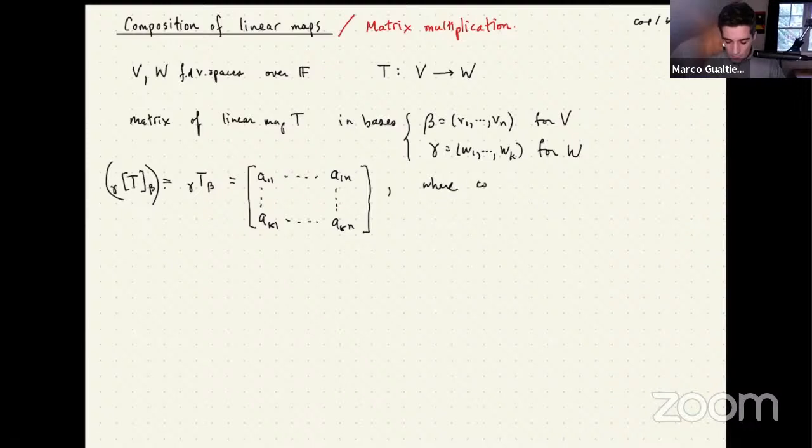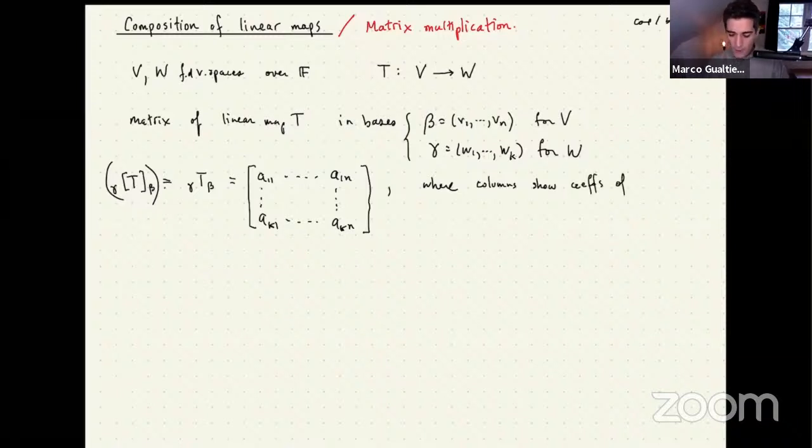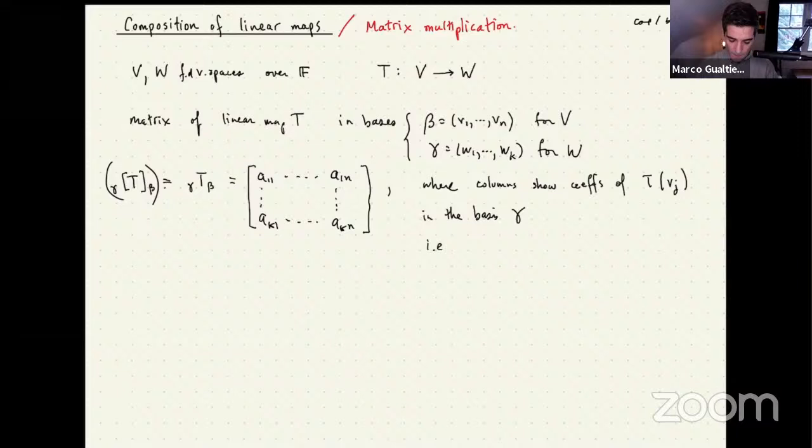The columns show the coefficients of T applied to, let's say, vj, in the basis gamma. So in other words, if I apply T to the jth basis element of the domain, what will we get?